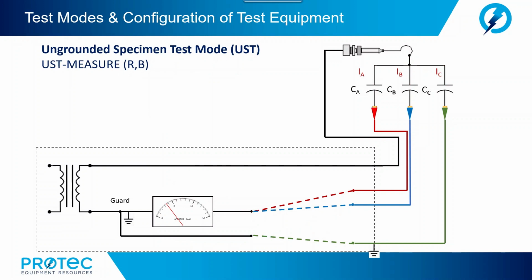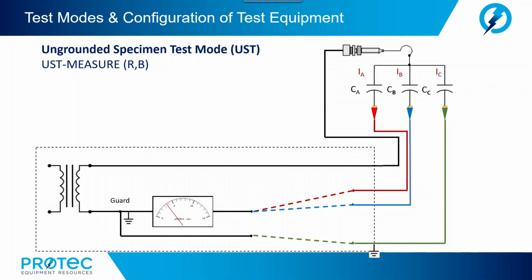All right, along with the GST tests, we also have what are known as ungrounded specimen tests, or UST. In ungrounded specimen tests, ground is always guarded. Or another way of saying this is ground is never measured in a UST configuration.